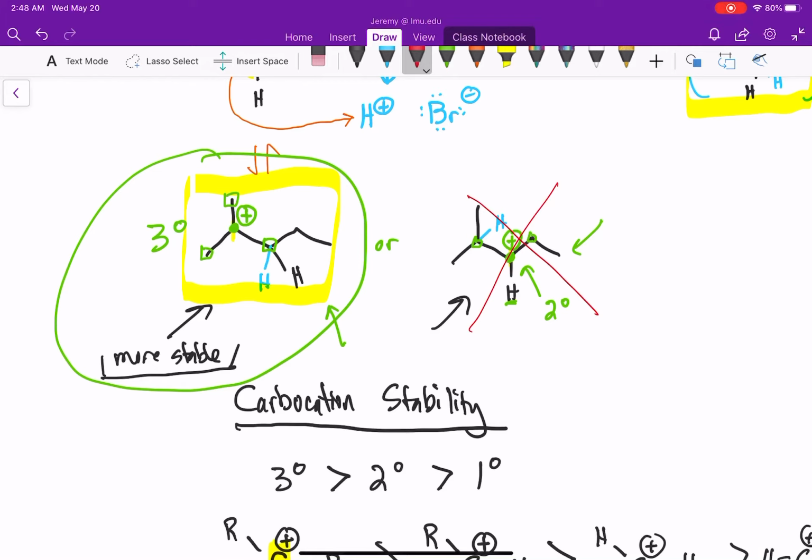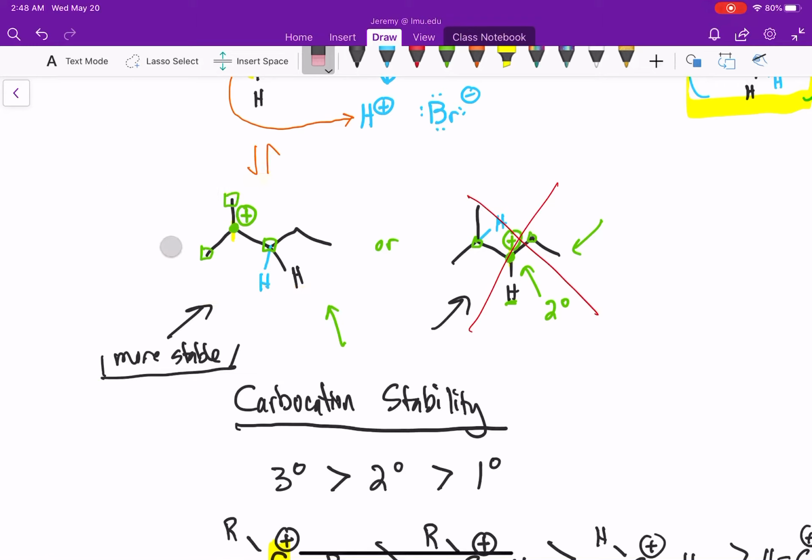So let's clean this up a little bit so we can finish the mechanism. All right, so I'm just going to erase here.